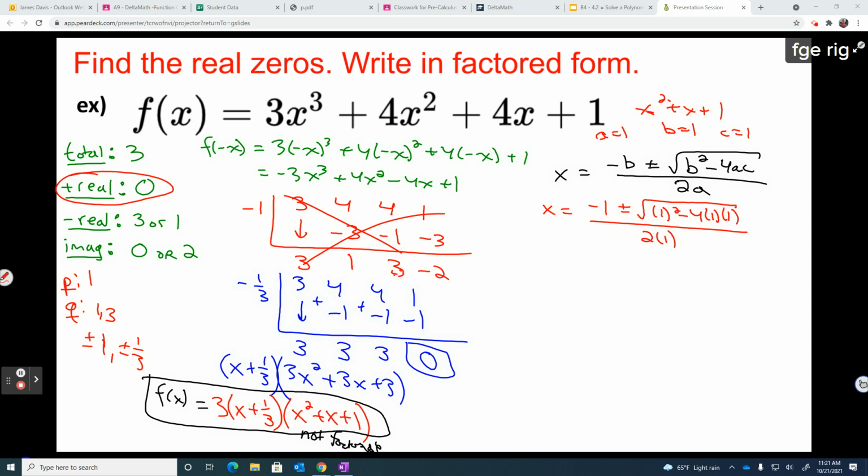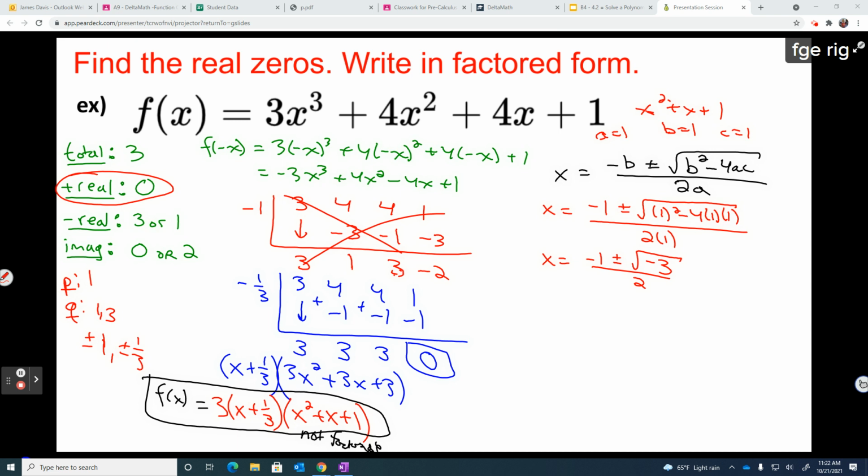And then we just try to simplify this as best we can. So we get negative 1 plus or minus the square root. This is 1, right? So 1 squared is 1, minus 4. So 1 minus 4 is negative 3, and the denominator is 2.